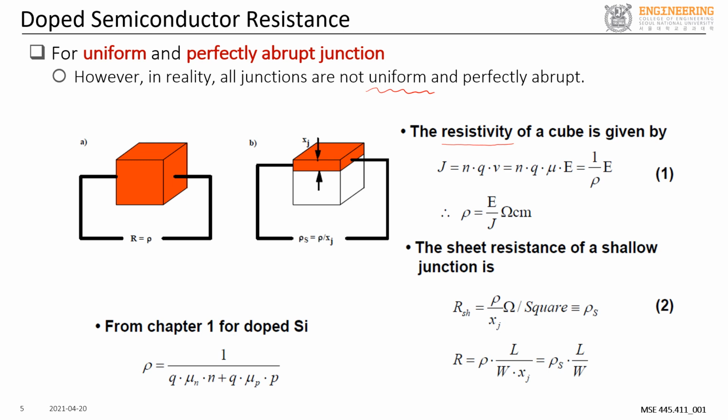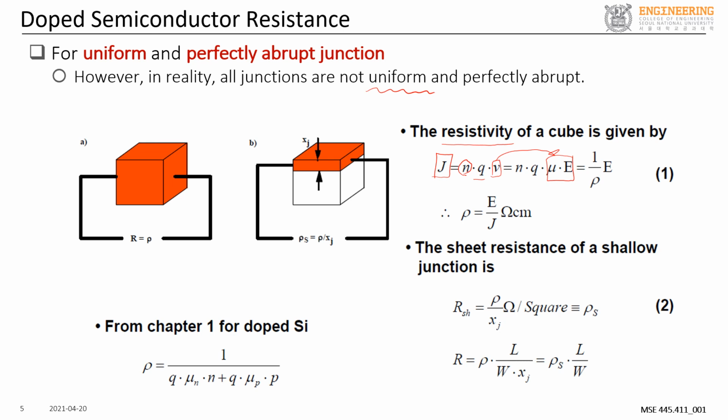What that means is that you will get a constant carrier density, which needs to be multiplied by q, the amount of charge per carrier, and also the velocity of the carrier, which will give you the current density. Then this v can be expanded to mu times E, where mu is the mobility and E is the electric field.